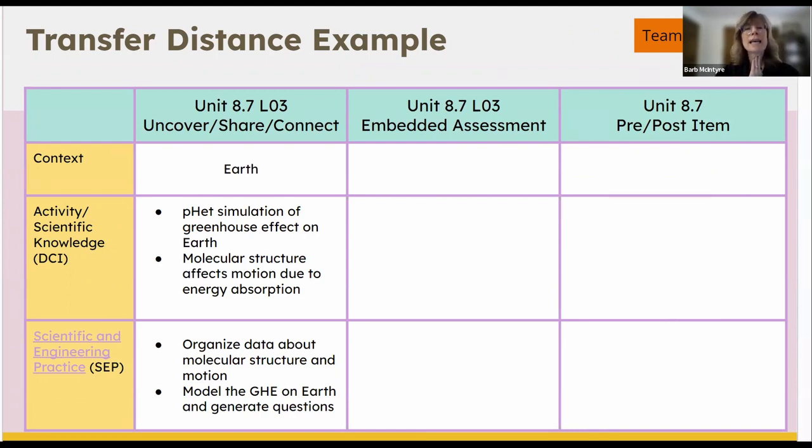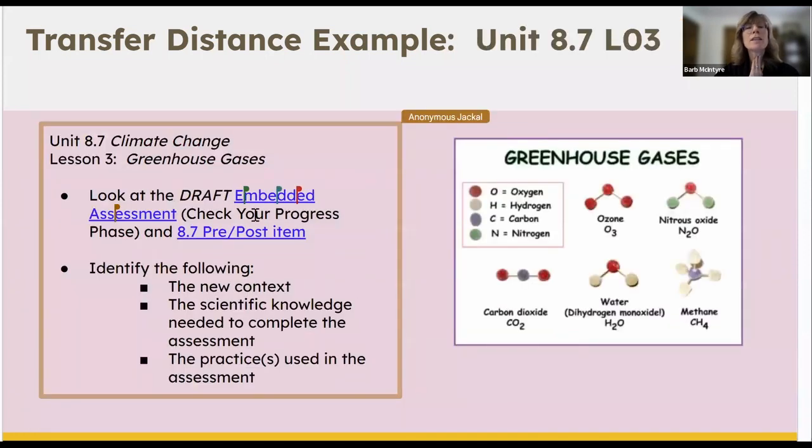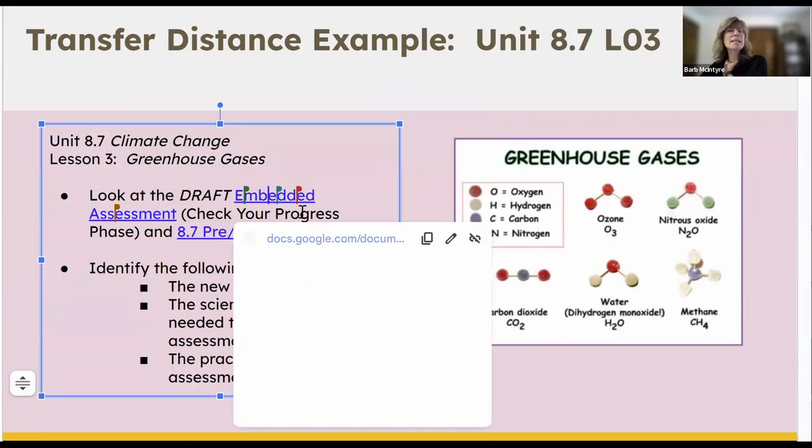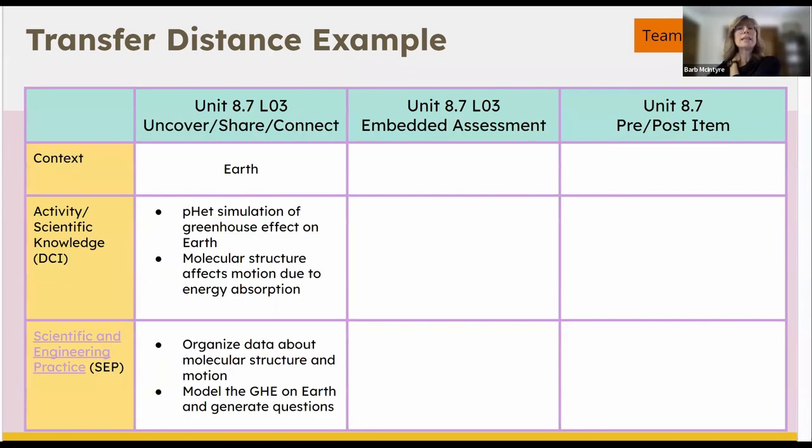So in this lesson, here's what students are doing. They're going to look at, and Chris, could you go back to the last one that you were on? Yes, thanks. In the lesson, they're going to do a simulation about the greenhouse effect. They're going to do some modeling of molecular structure and how it affects motion. That's in the uncover portion of the lesson.